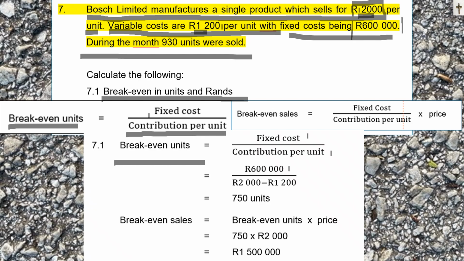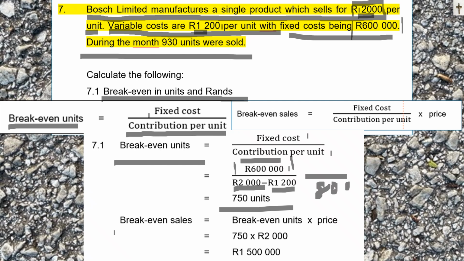There's the fixed cost that's given to us, 600,000. And what is the contribution per unit? Per unit, selling price 2,000, variable cost 1,200. So it's 600,000 divided by 800, and that is equal to 750 units.